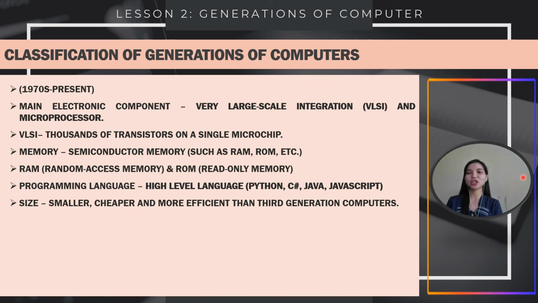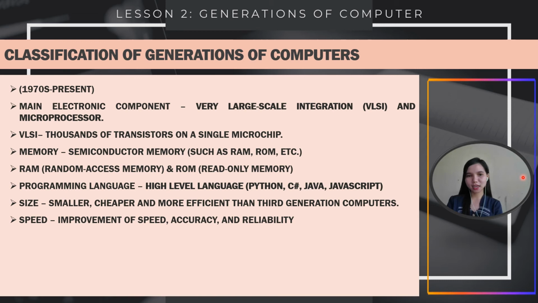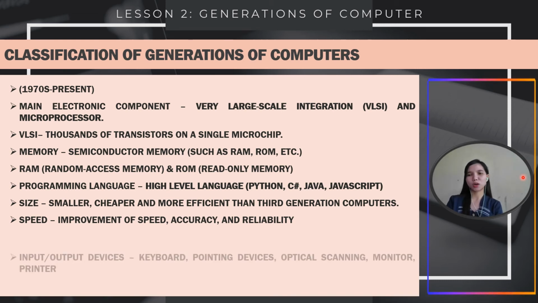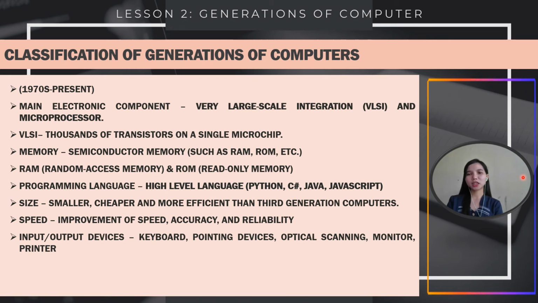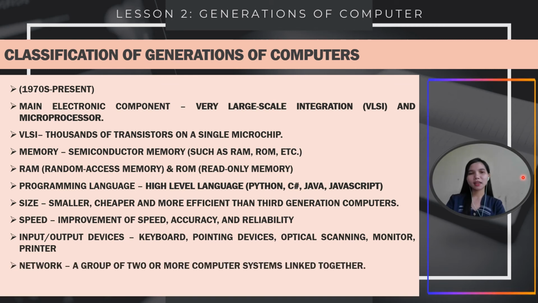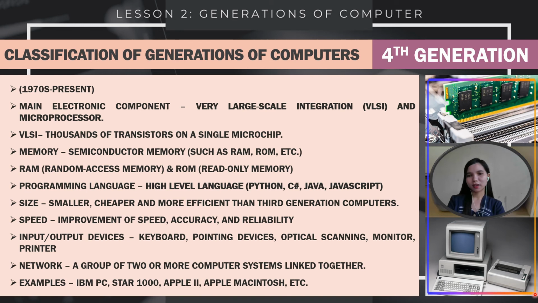So it is more efficient, and its speed improved, more accurate and reliable. The input and output devices are composed of keyboard, pointing devices, optical scanning, or printer. And then we have the network, a group of two or more computer systems linked together. That is the fourth generation.